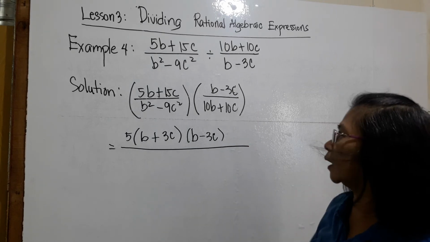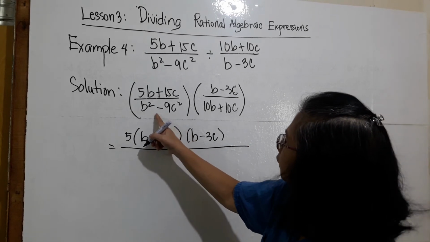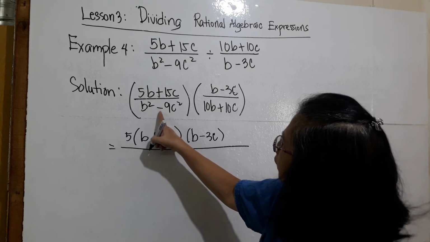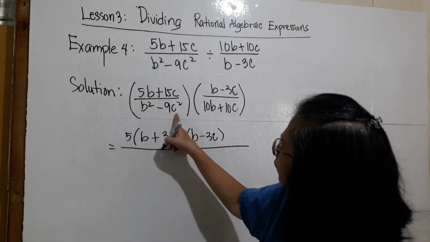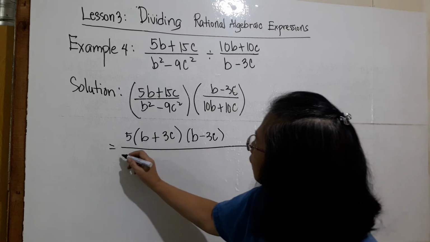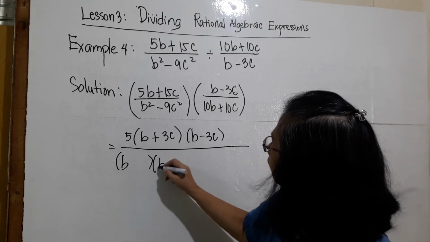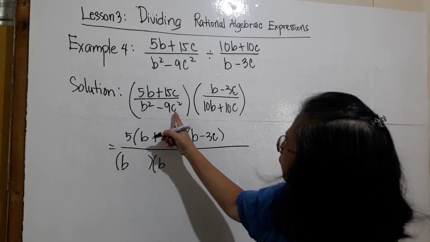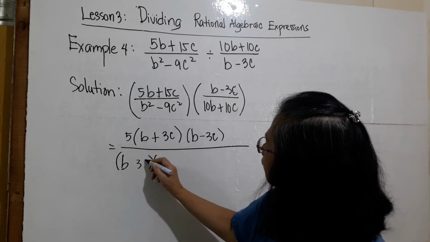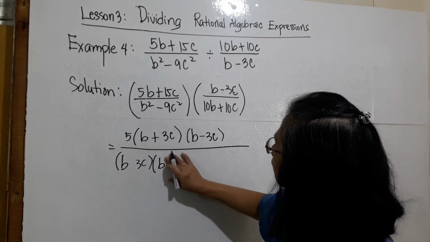For the denominator of the second factor, it indicates difference of two squares. So we factor b, then b here also. 9c squared is 3c, 3c.